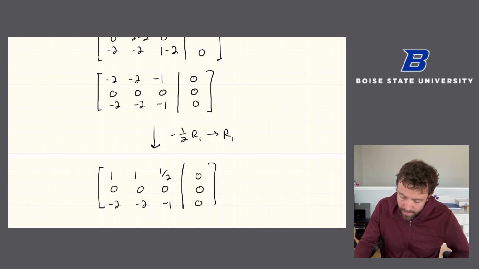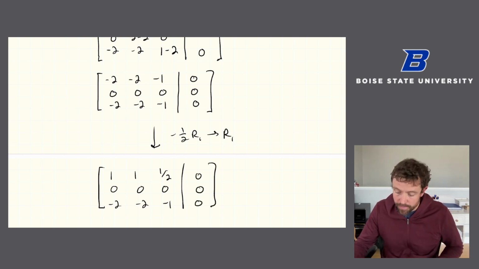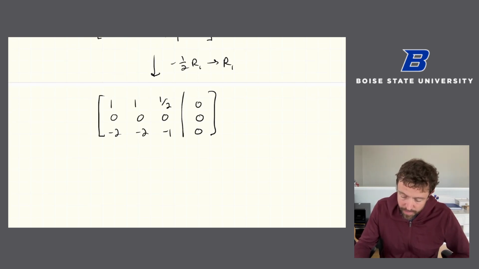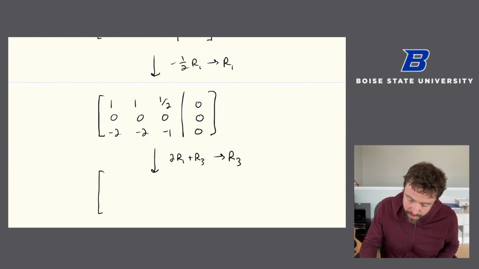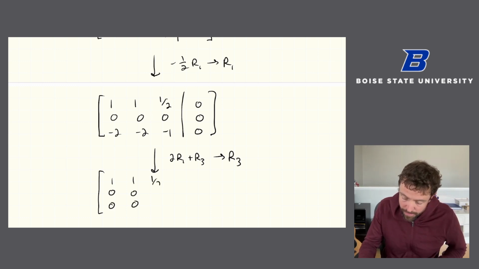And then I can just cancel out row 3. That is, if I add 2 row 1 to row 3 and replace row 3 with that, I get my reduced row echelon form.